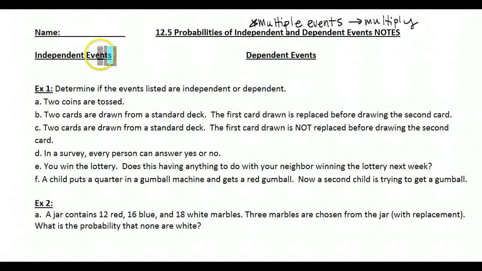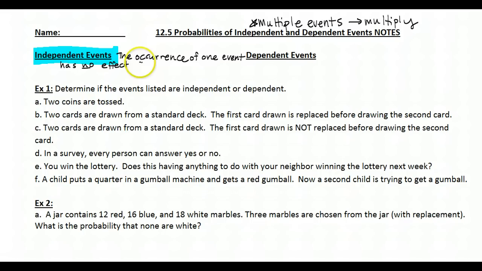So independent events. The official definition of an independent event is that the occurrence of one event has no effect on the other. What I mean is, let's say that I flip a coin, and then I flip a coin again.